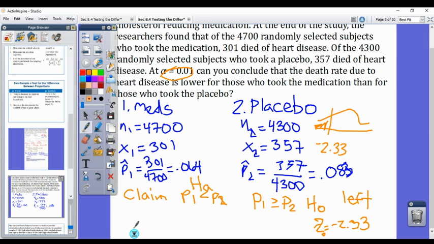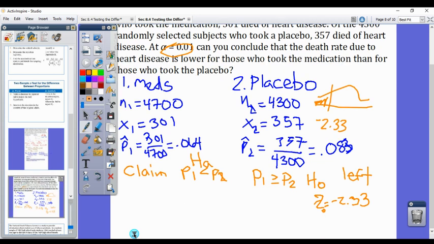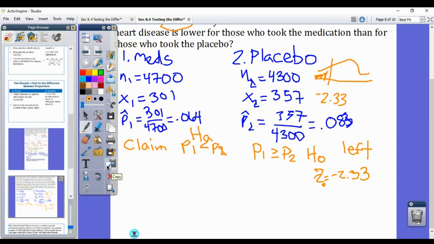Okay. So let's go ahead and find p-bar. And remember, we don't have to perform our checks because I told you all these examples work, but in real life, you would want to perform the checks.